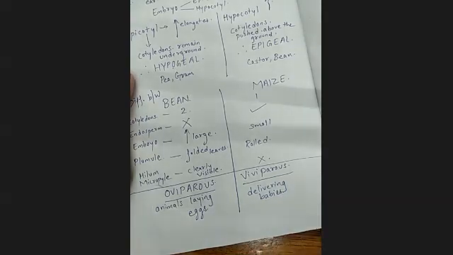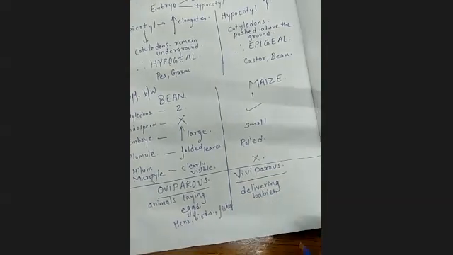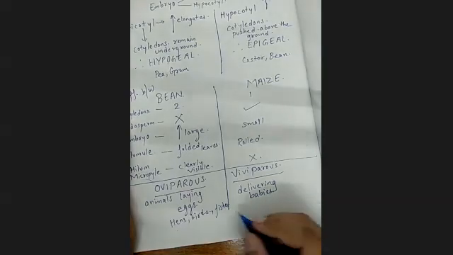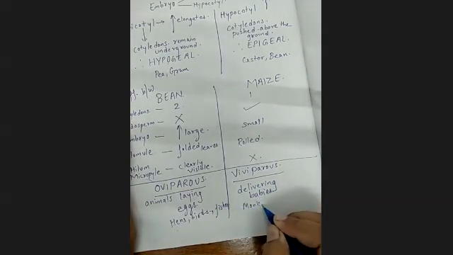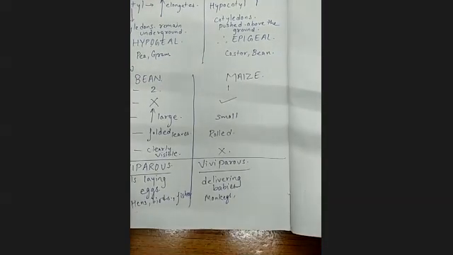Okay, like humans. Humans are viviparous. Oviparous like hens, birds, fishes, all those are oviparous. While viviparous, many of the mammals you can consider, monkeys, donkeys, cows, the rest of the other animals are viviparous.